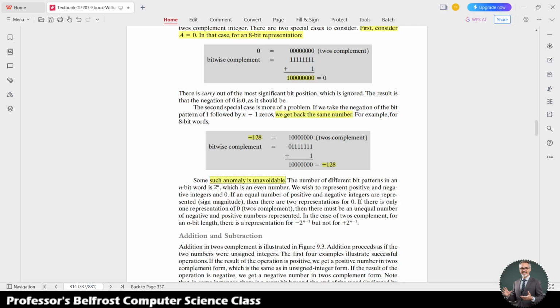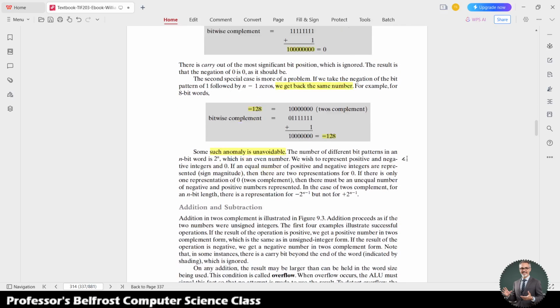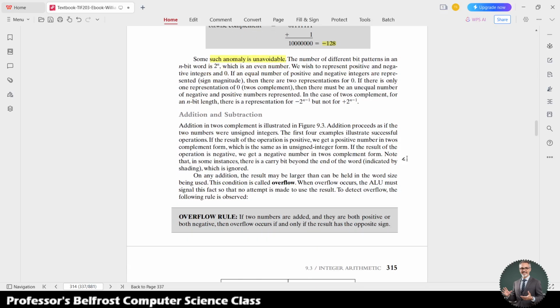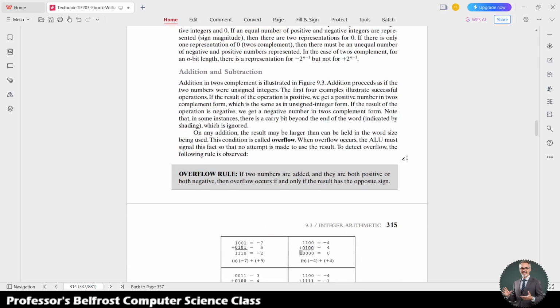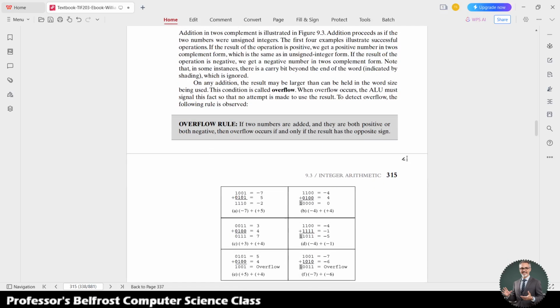This is an anomaly. The number of different bit patterns in n bits is 2 to the n, which is an even number. So there is an exceptional case where the rule doesn't apply well.